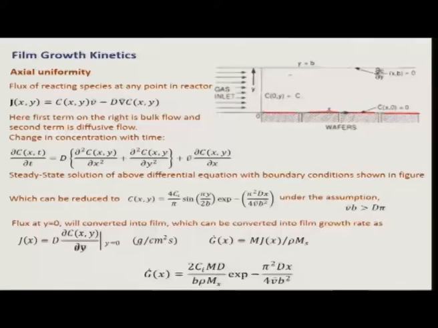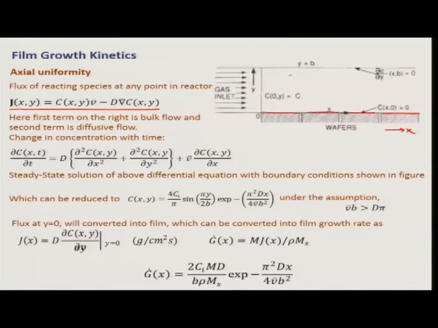This is a two dimensional case. We are going to ignore the third dimension, which is perpendicular to the plane of the paper. So, we look at how the reactants are distributed in these two dimensions, x and y. This is the y axis and this is the x axis.